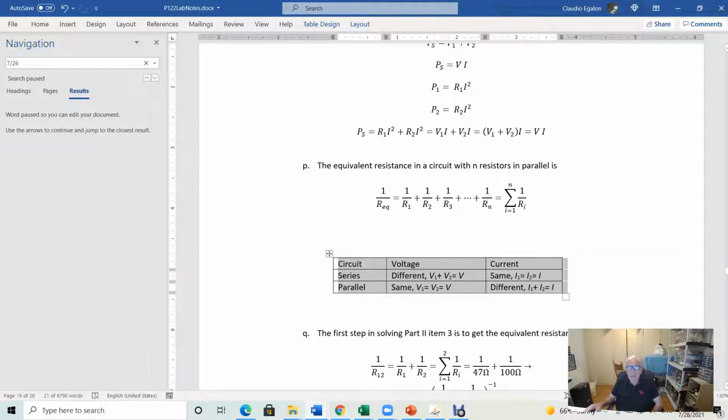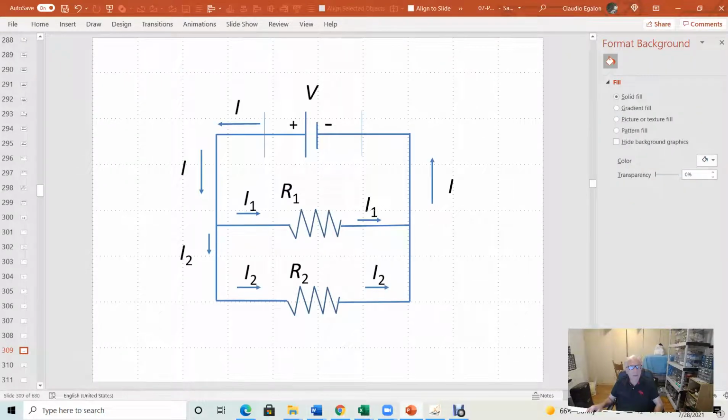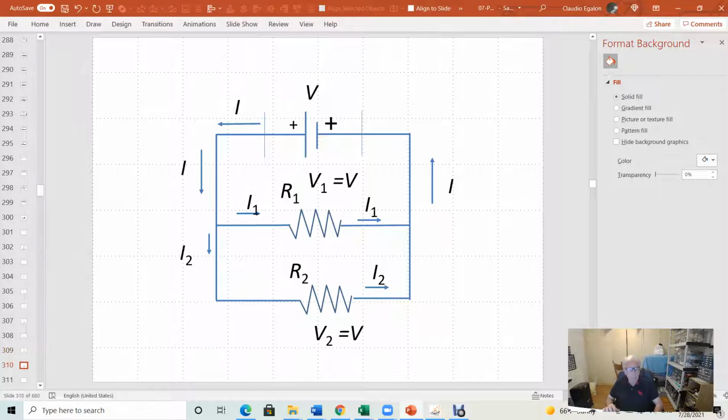That's how it works in a circuit in parallel and a circuit in series. And you can visualize that very well just by these simple drawings that you see here. The voltage is the same. V1 is equal to V, V2 is equal to V.